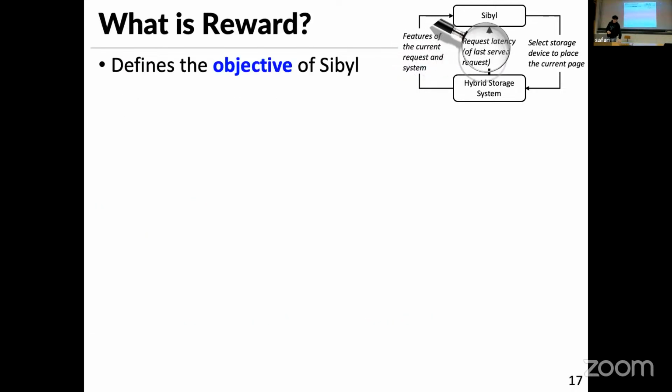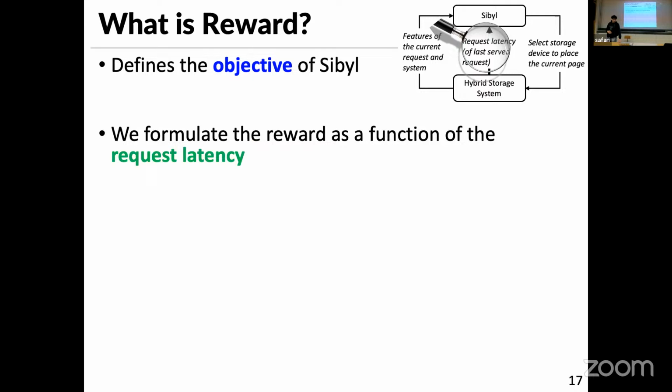And so what is the reward? What does it look like? The reward defines the objective of Cibil. The reward in this case is calculated based on the request latency, such that by maximizing the reward, you minimize the request latency. Having such a reward encapsulates 3 key aspects.